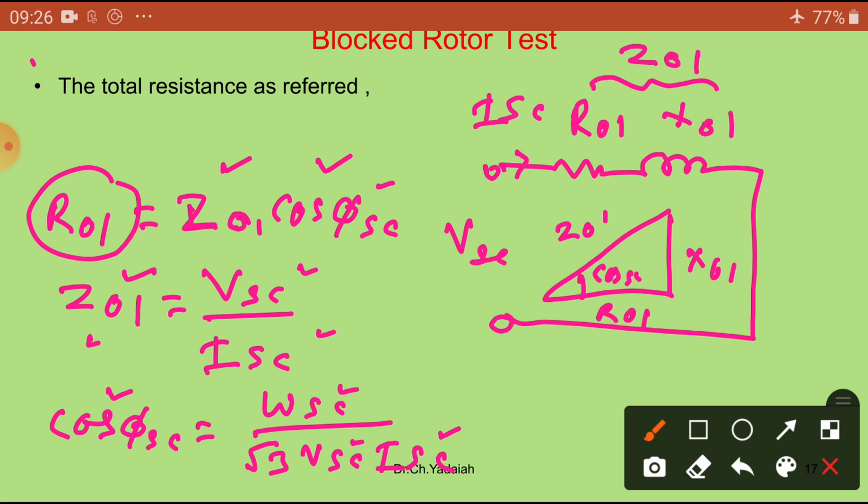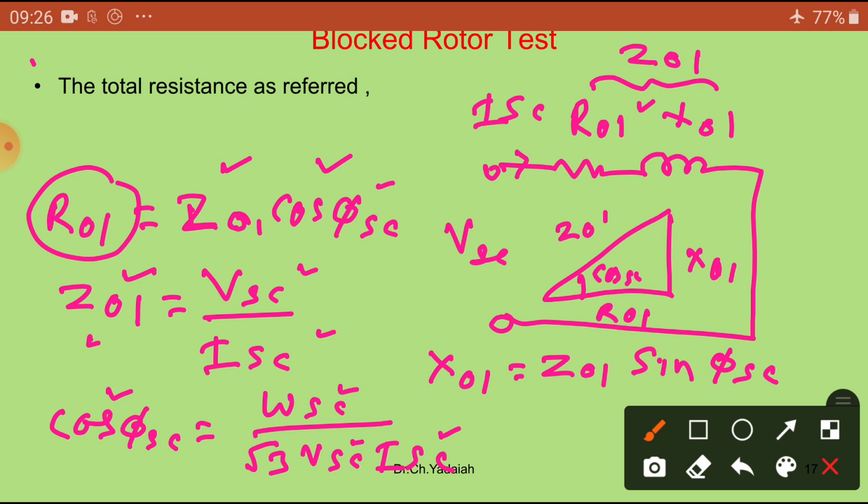So, I got R01. Similarly, I am going to get X01. What is X01? X01 is equal to Z01 into sin phi SC.